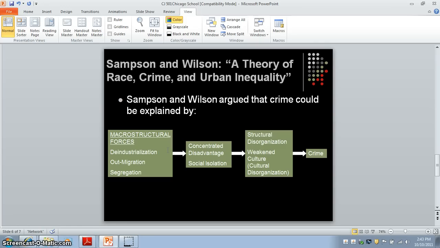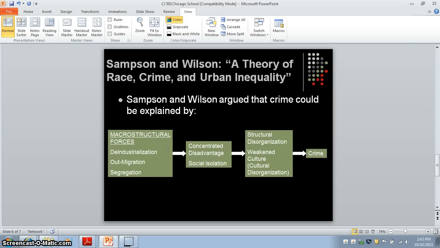And Sampson and Wilson also argue that in areas of concentrated poverty, people often live in social isolation and lack contact or interaction with individuals and institutions representing mainstream society. This results in restricted legitimate opportunities and impaired communication.